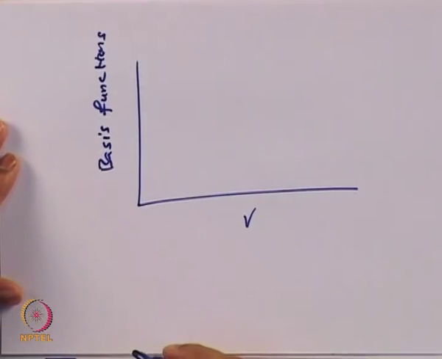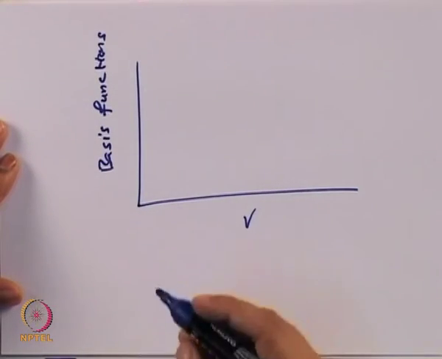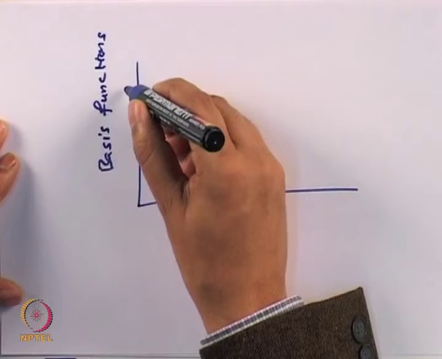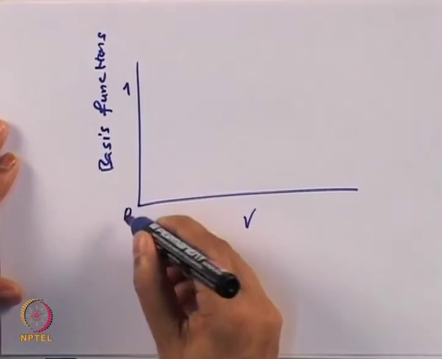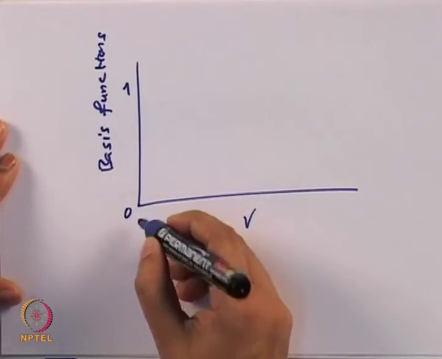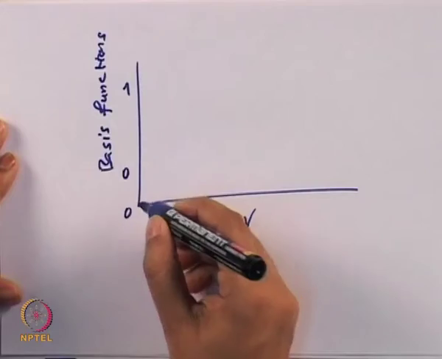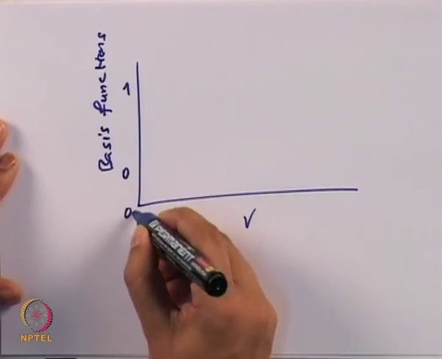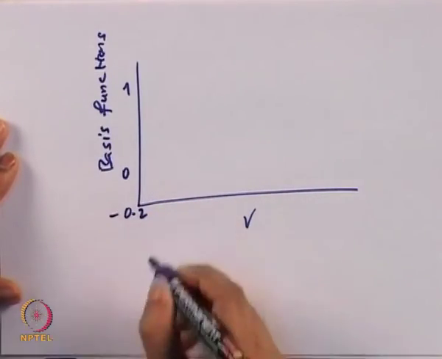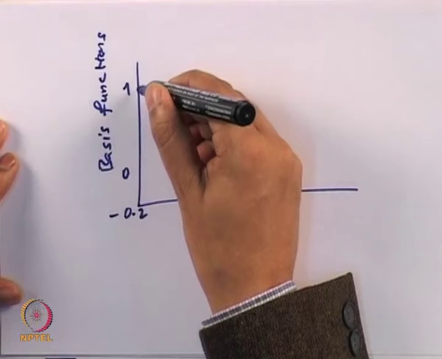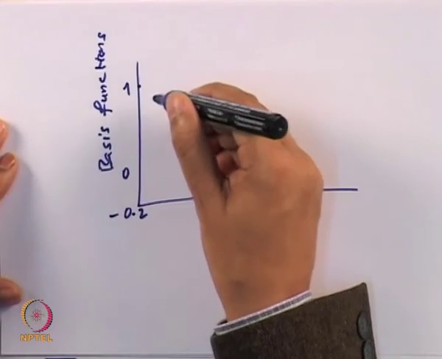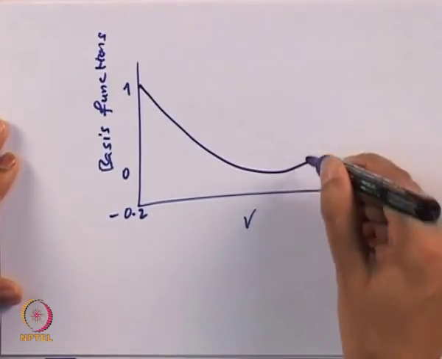So the basis functions are going to have certain behavior. I said it is going to go from, let us say this is 1, this is 0. So let the 0 be here and this is 0 point something, let us say minus 2. So it is going to go from here to here.